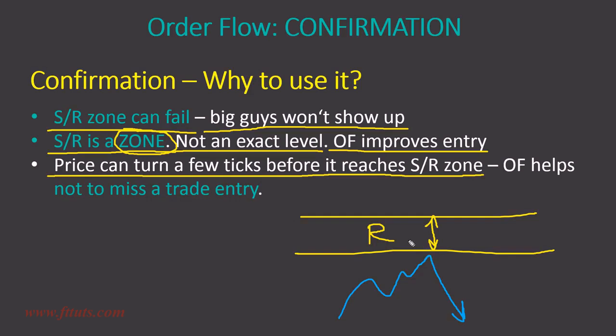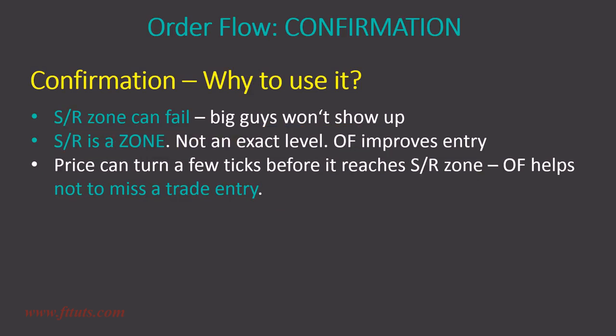But if you are using the order flow, you can use that to your advantage and spot the big players jumping in, turning the price, and this way you have a way bigger chance that you won't miss the trade entry. Alright, so those are the three main reasons why to use the order flow as a confirmation.